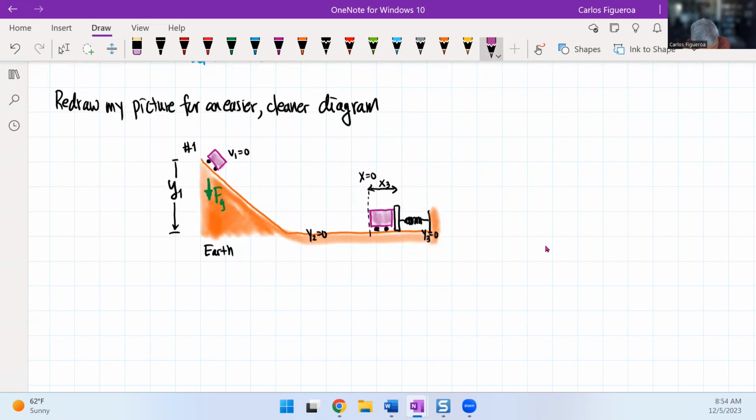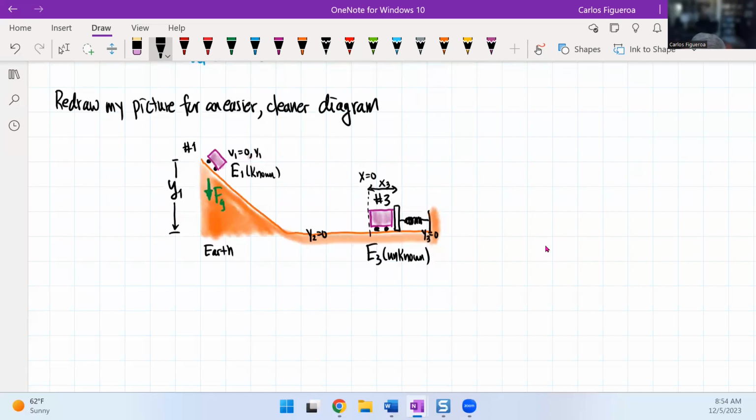So now I look at my energies. What do I know about my energy state 1? Well, I know that this guy here has a height of y1, so energy 1 is my known energy state. When I look at energy state 3, this energy 3 is my unknown energy state.